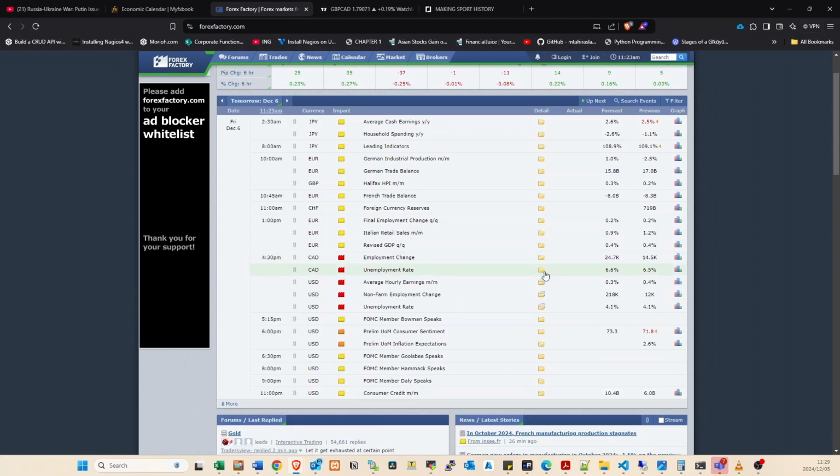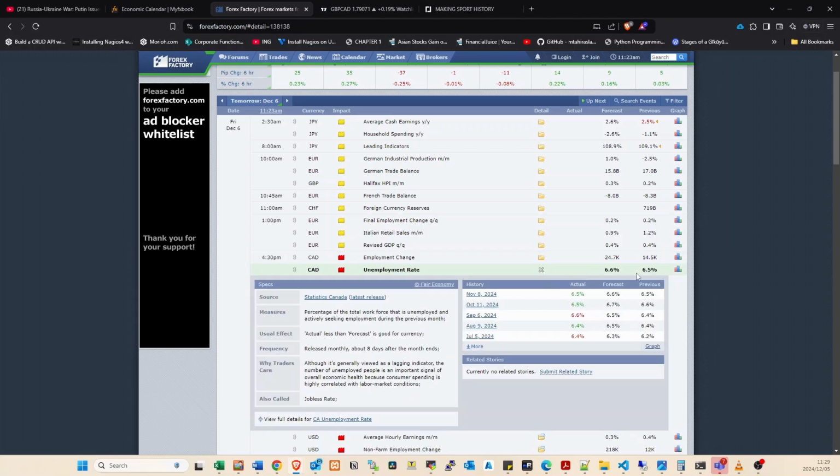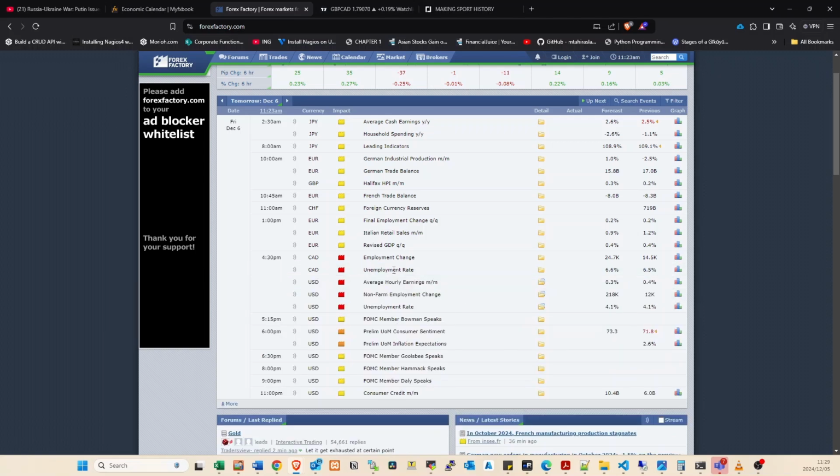We are also expecting a slight decrease in the unemployment rate, which is also good for the economy. So actual less than forecast. If you get something like 6.5, actual less than forecast, that's good for the currency. So those are some of the market movers that we should be watching for the rest of the week.